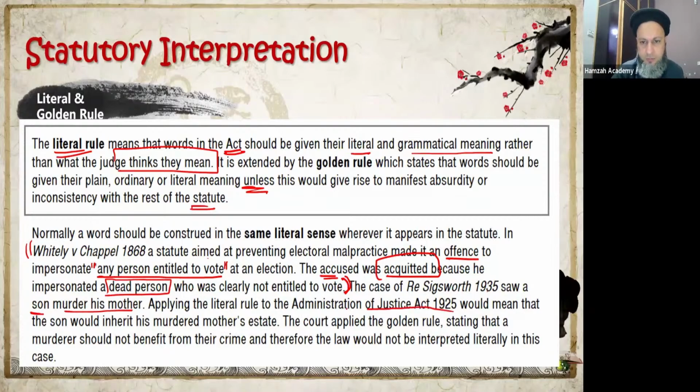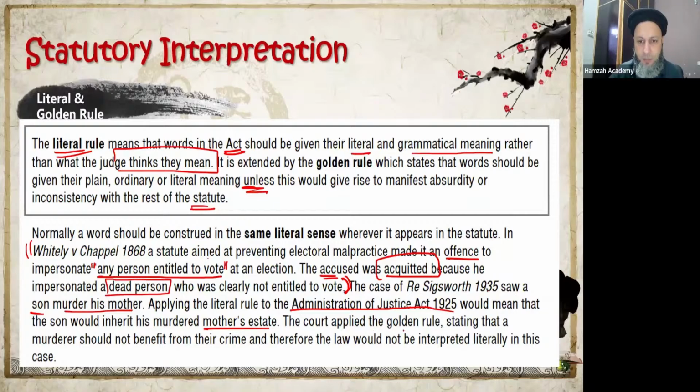Administration of Justice Act. This act would mean that the son would inherit his murdered mother's estate. There was a separate law that said that if a mother passes away or is murdered, the son will inherit the property. Now, the judge said that we will apply the golden rule on it, not the literal rule.